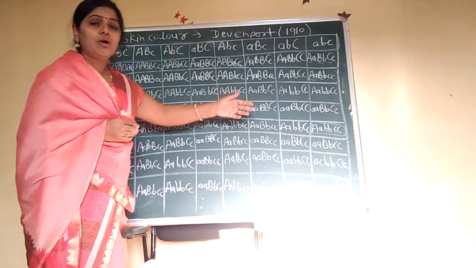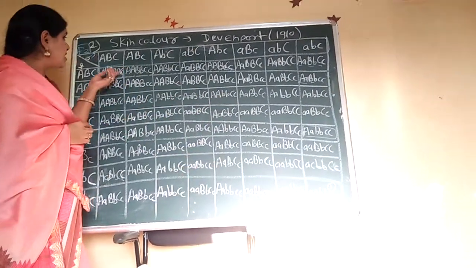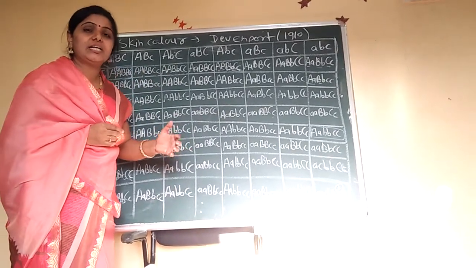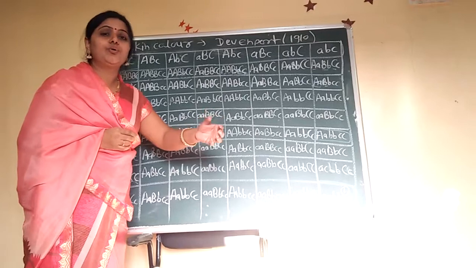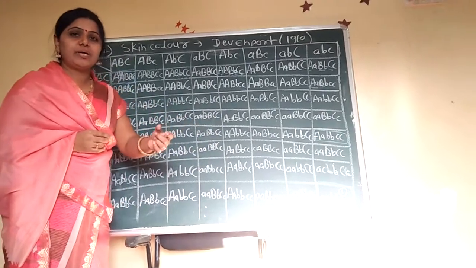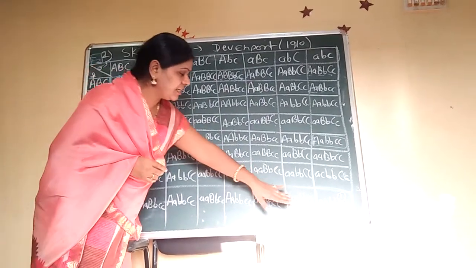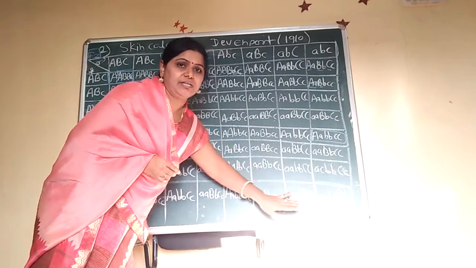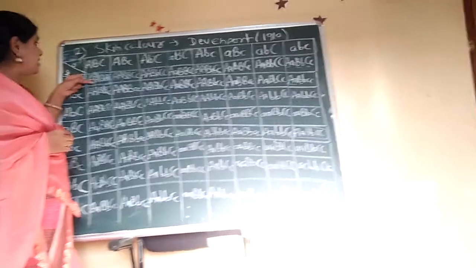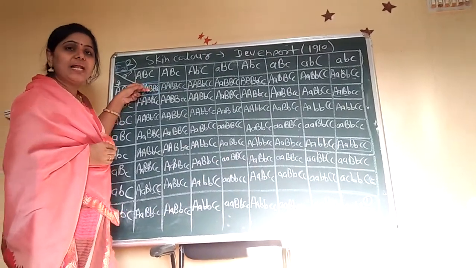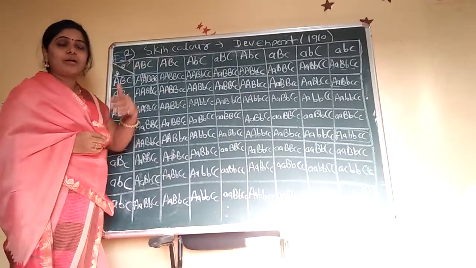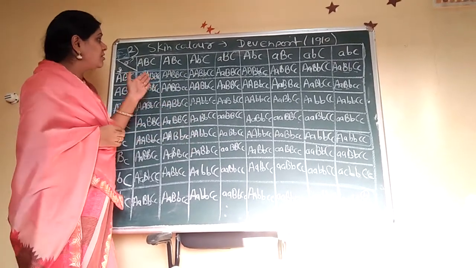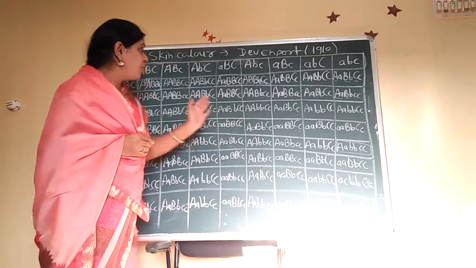When we count six dominant genes, five, four, three, two, one, and no dominant gene, the person with no dominant gene has no melanin, and the person with six dominant genes has the most melanin.